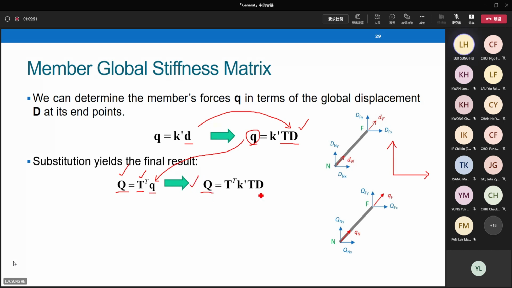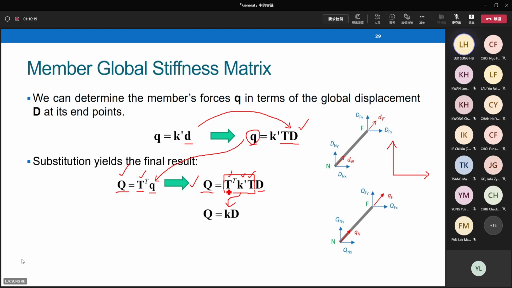Global force equals a big matrix times displacement, the global displacement vector, D. We can combine T transpose K prime T into a single matrix. How? T is a matrix, K prime is a matrix, T is a matrix.